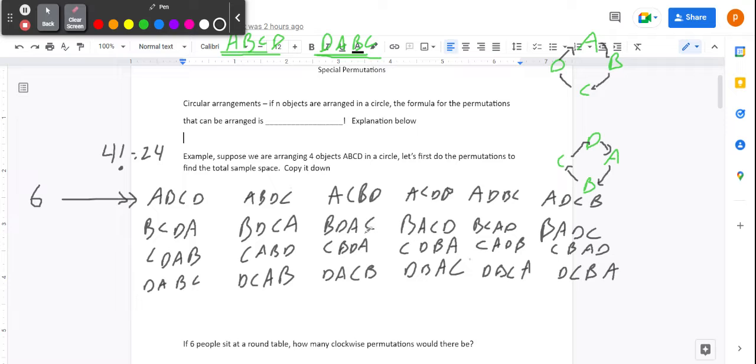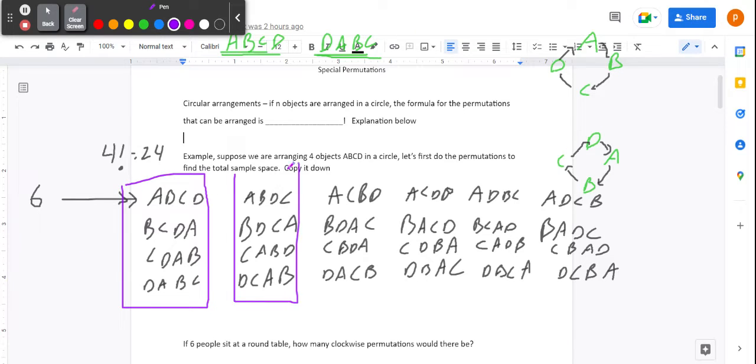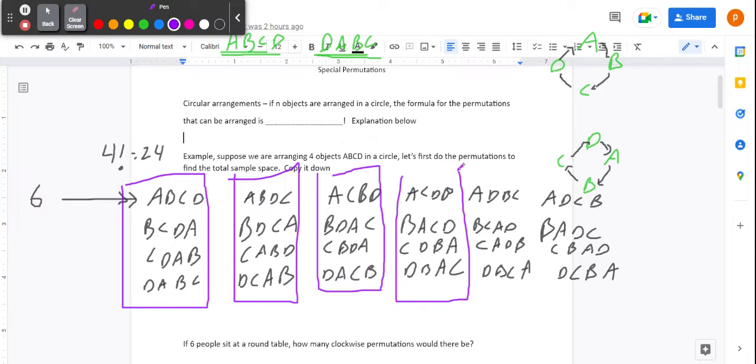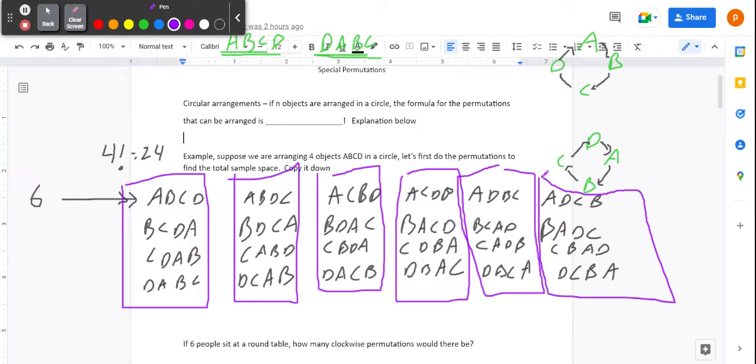That's in terms of a linear sequence, but if we were to arrange these in circular arrangements, all these are the same, all these are the same, and all these are the same. So we end up with 6.